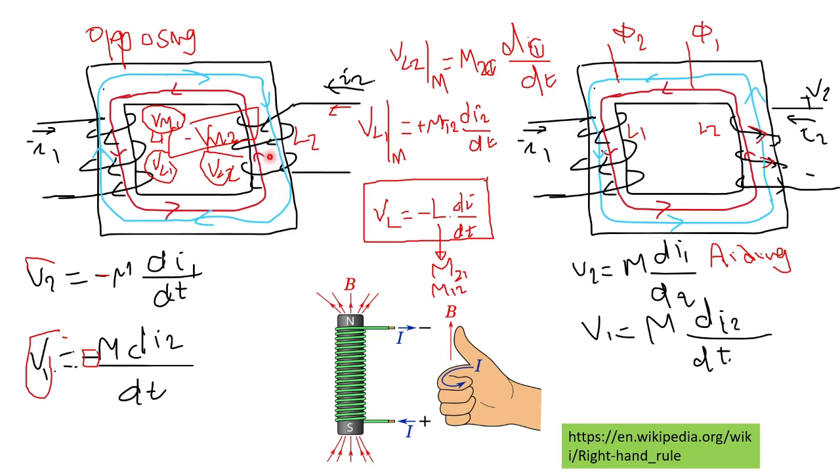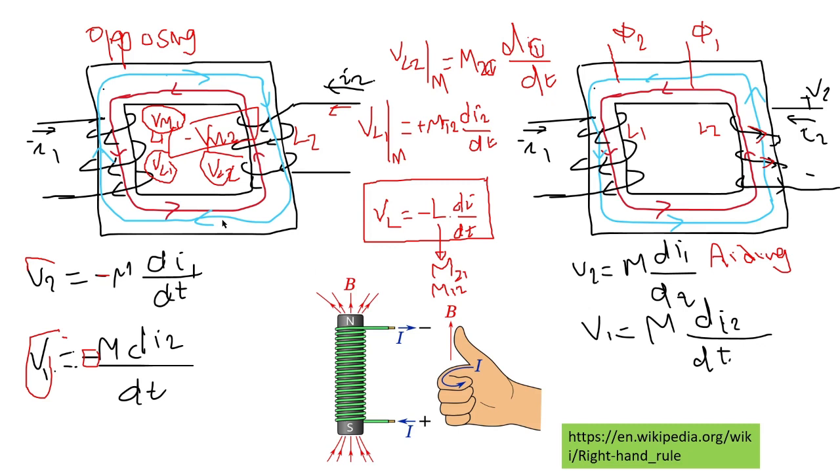So the two magnetic fluxes have opposing directions. Because of that, the self-induced voltage around L1 due to I1 will have a reverse polarity compared to the voltage on L1 due to I2. And on L2, the self-induced voltage due to I2 would be reversed in polarity to the mutually induced voltage around L2 due to I1.